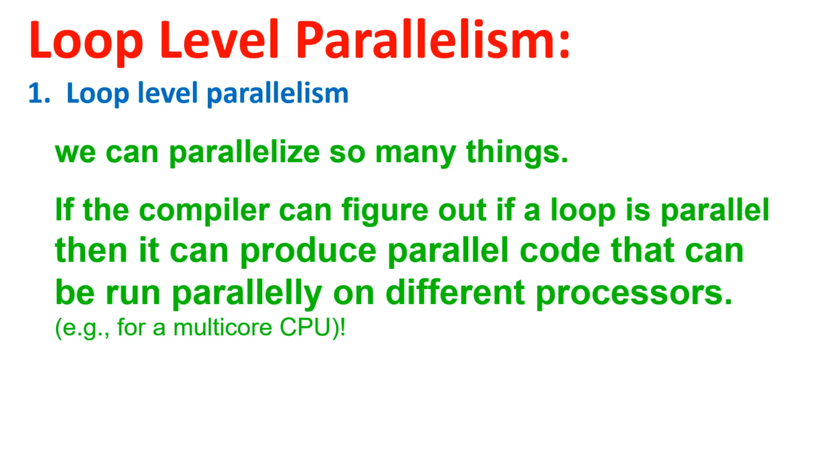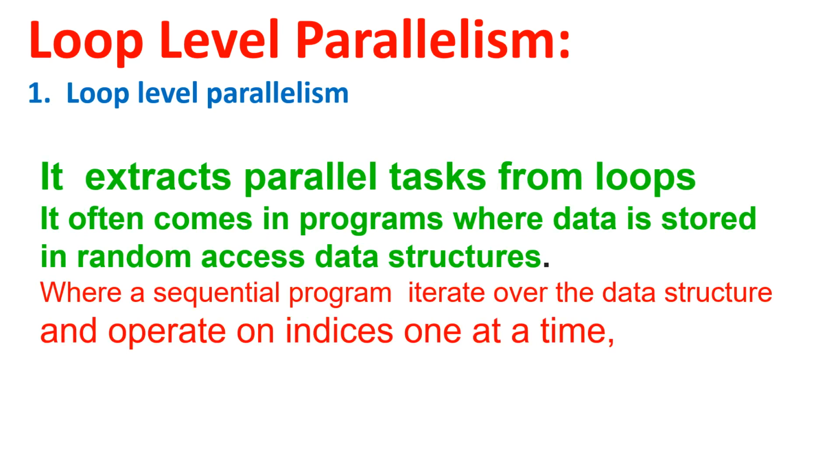In loop level parallelism, we can parallelize so many things, but only when the compiler can figure out if the loop is parallel or not. If the loop is parallel, then the compiler can produce parallel code that can be run parallelly on different processors, for example on a multi-core processor also.